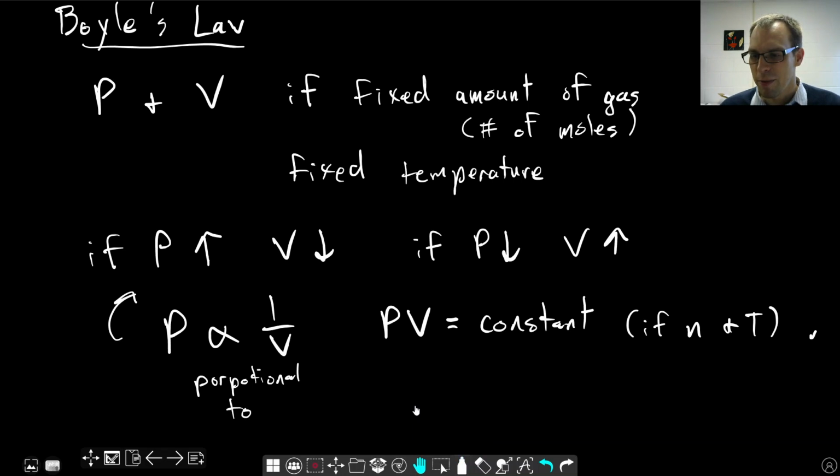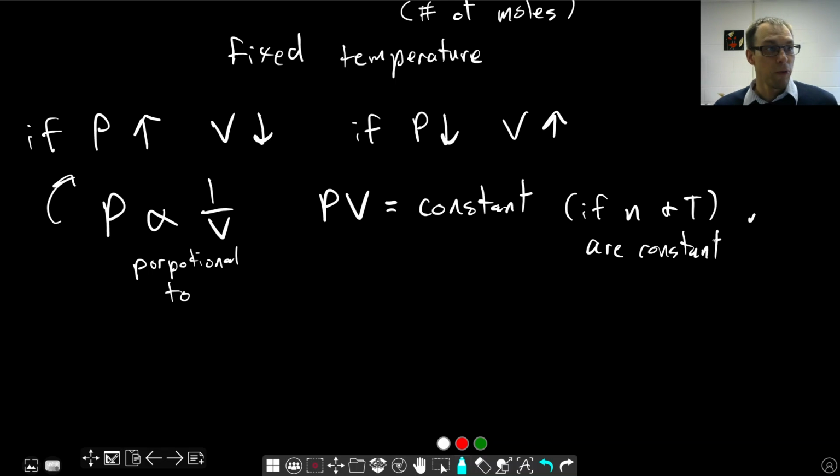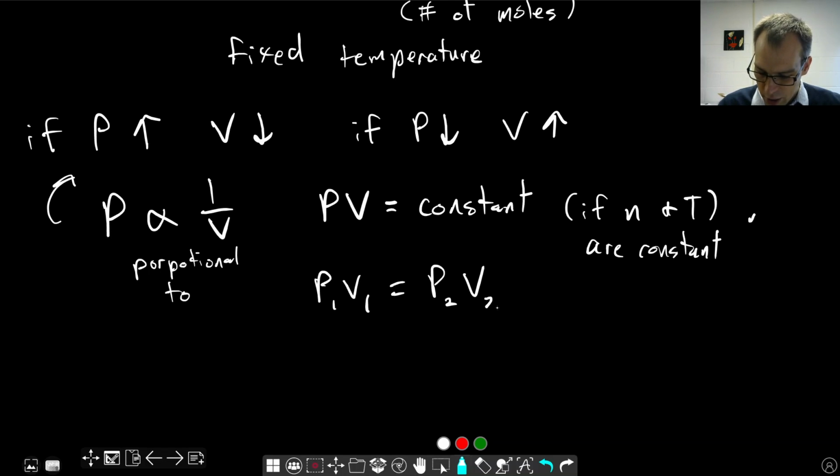One consequence of this is that if N and T are constant, that means if we have two different sets of conditions, say we have P1 and V1, and some other P2 and V2, provided that the number of moles of gas and the temperature stayed constant, the product of P and V for that same gas under two different pressure-volume conditions will be the same, right? Because they're equal to a constant, and that constant depends on N and T. And as long as N and T are constant, then this is constant.